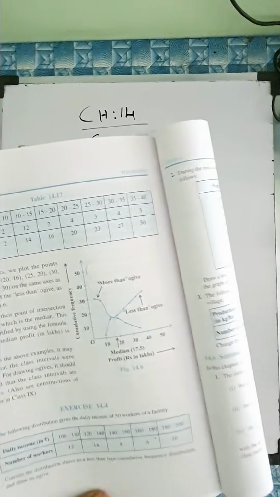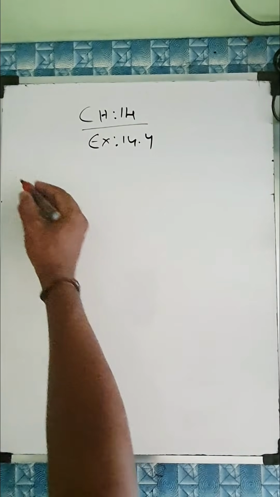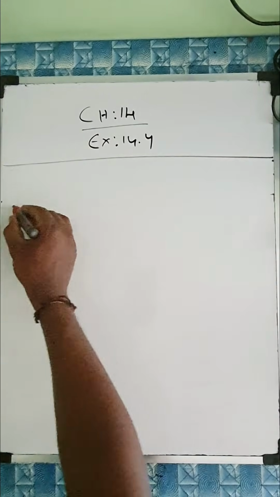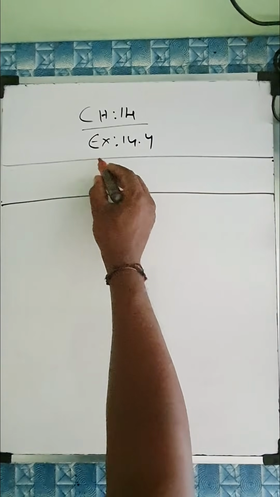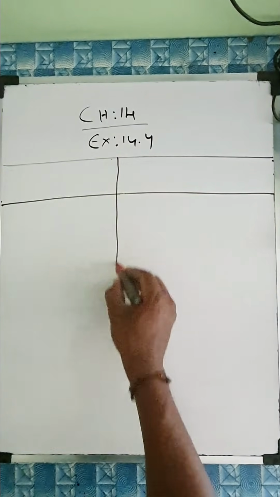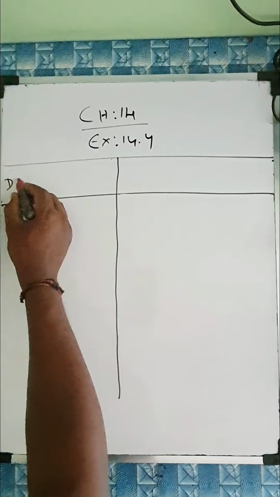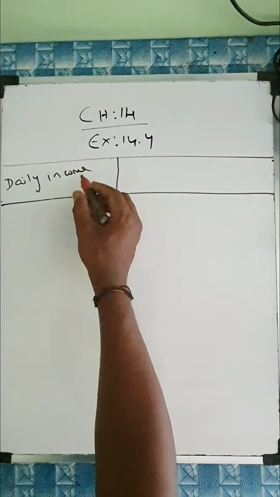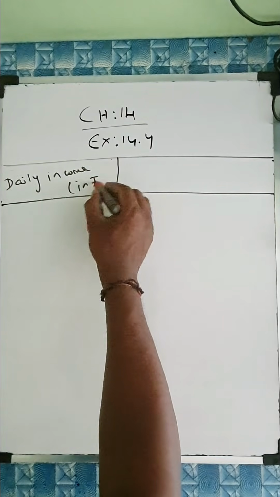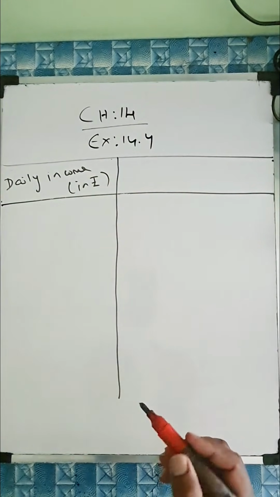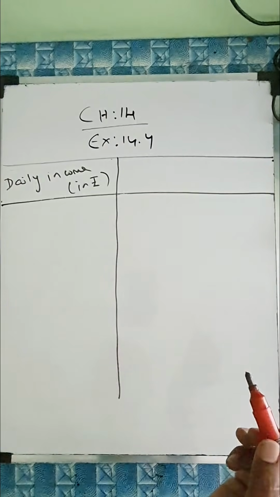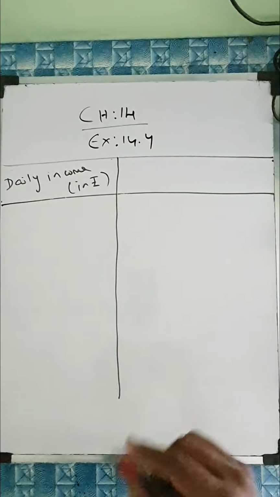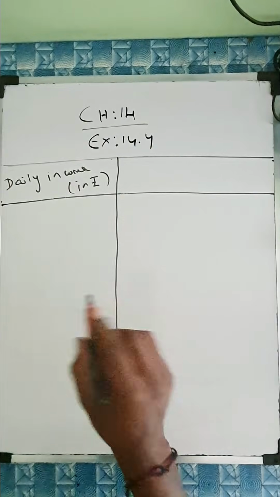So you can just write it like this. Make a table. Daily income in rupees is given in the question, and I already told you 100 to 120, 120 to 140. For less than ogive we'll take the upper limit, so the second number.